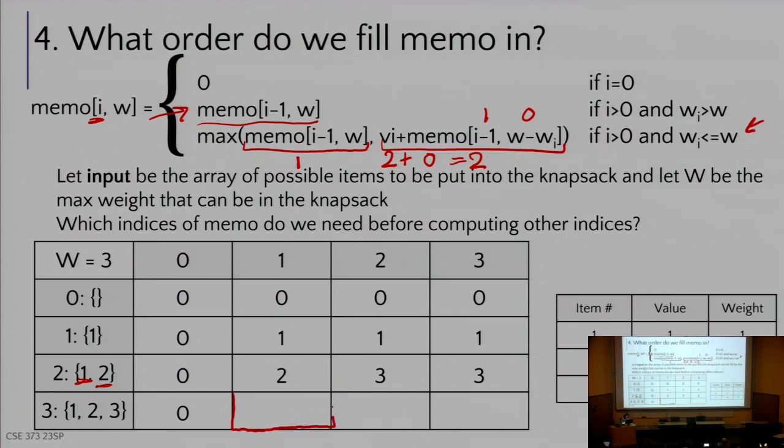What about this box? What do you guys think? Okay, I'm getting 2s mostly, which is right because the max weight is 1. And so the max value for that, since this item can't be put in there, is just going to be this value here.